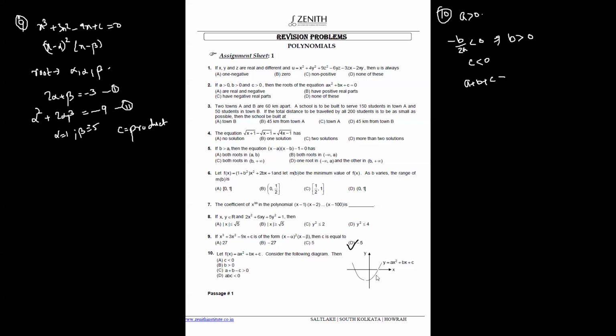But we don't know f of 1; f of 1 could be negative as well. So A, B, C is negative.